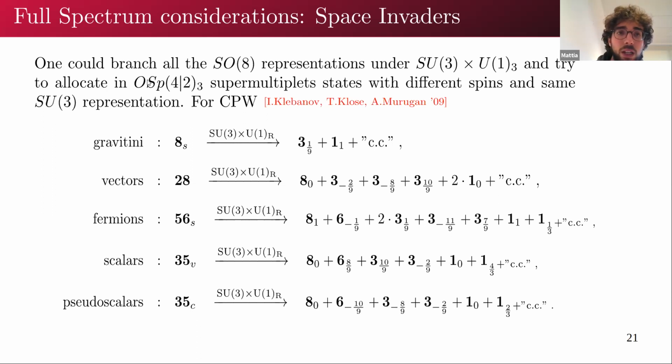And given that the global symmetry group is this OSp(4|2), one could try to arrange these states into OSp(4|2) supermultiplets. Here I sketched it for Kaluza-Klein level 0. Technically, what one should do is to group together all the triplets, all the octets, all the sextets, and see whether you can allocate these fields in a supermultiplet of OSp(4|2).